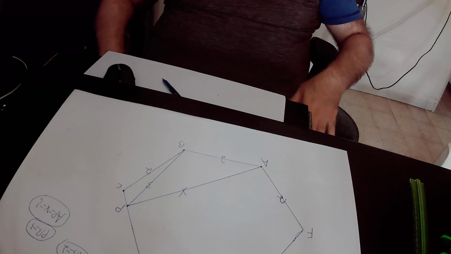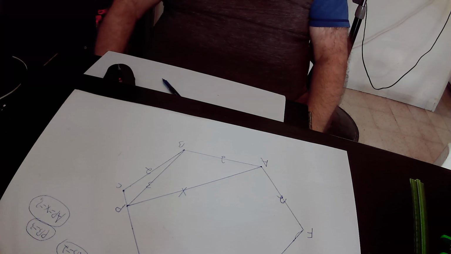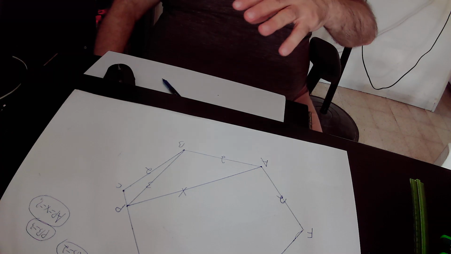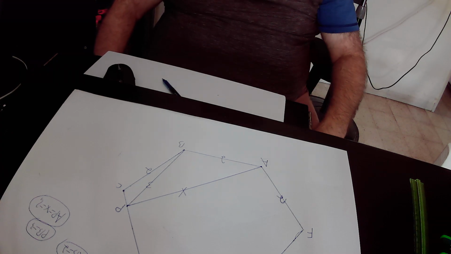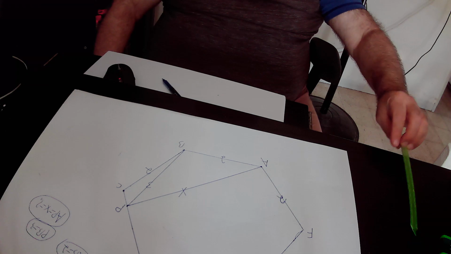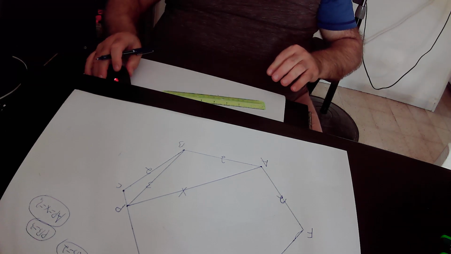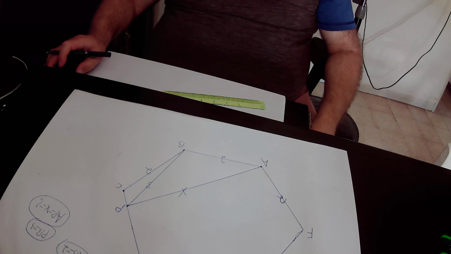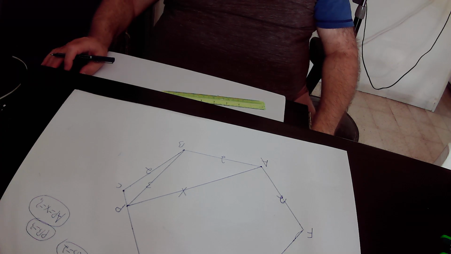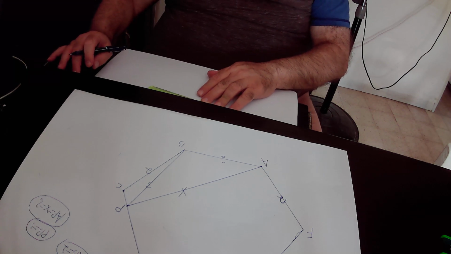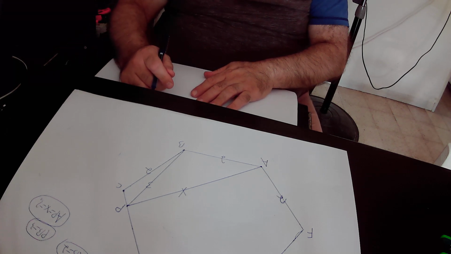so first of all we find out what is the sum of the angles in any regular hexagon. So I draw a regular hexagon and we find out what is the sum of the angles in the polygon hexagon, in the regular hexagon.